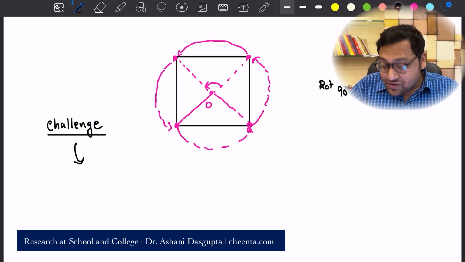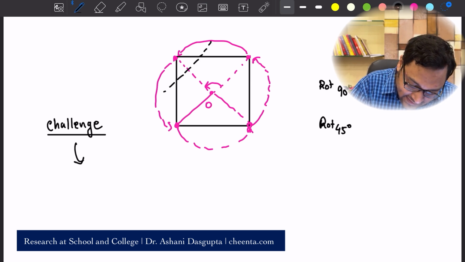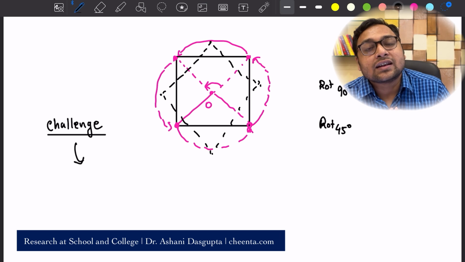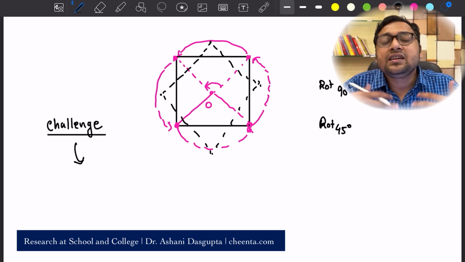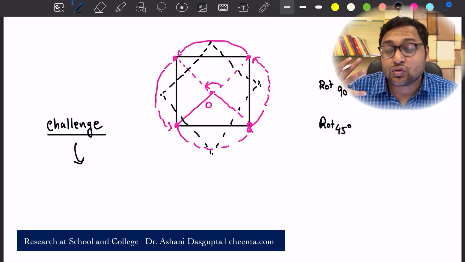As opposed to 90 degree, if you rotated it by 45 degree, the square would look somewhat like this. Right? After rotation, it would look somewhat like that, and you would immediately know that there is a movement, there is a motion.